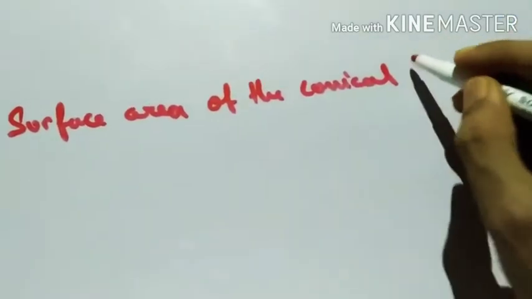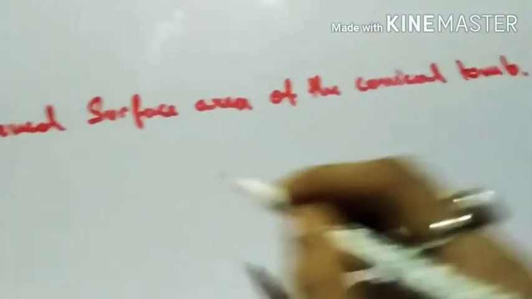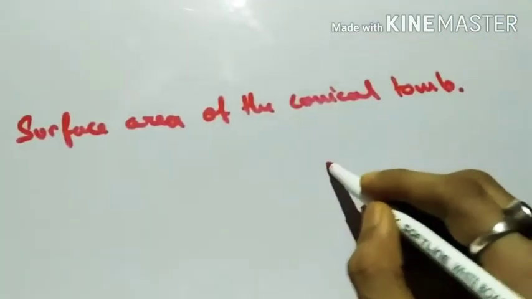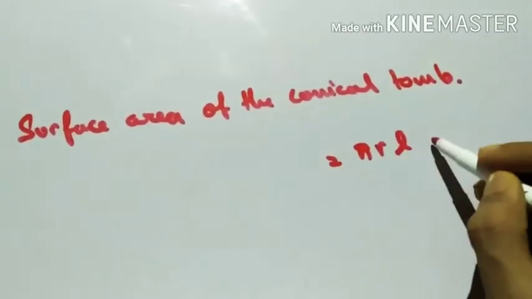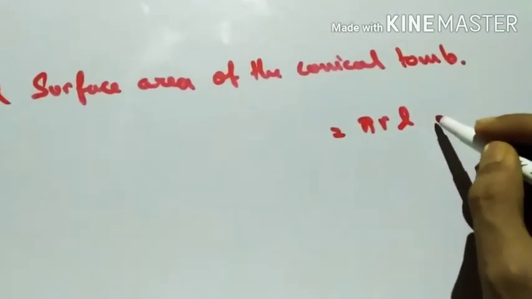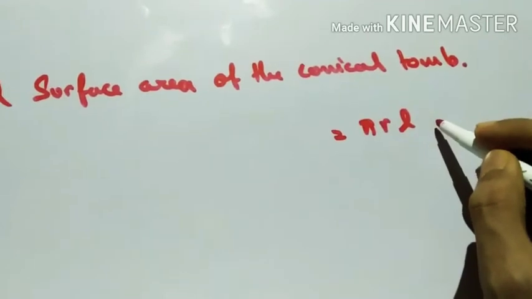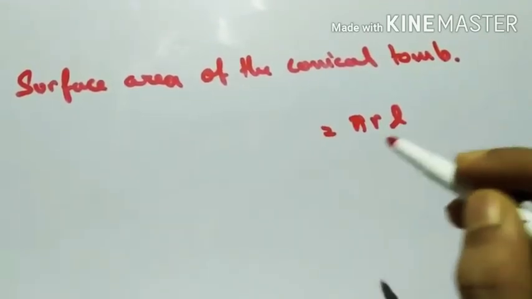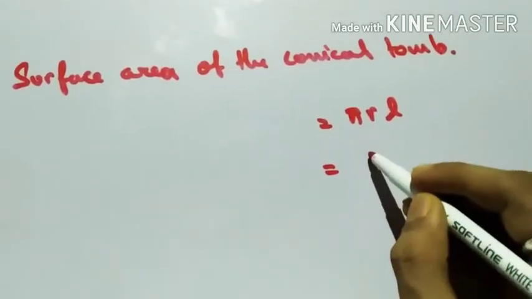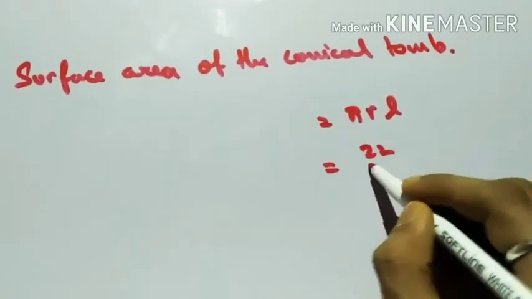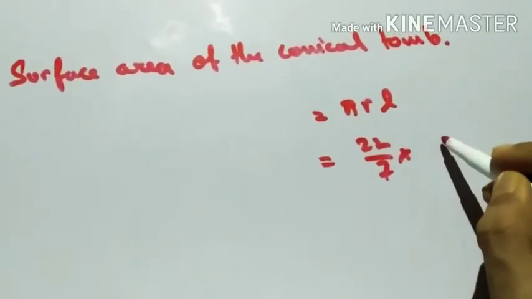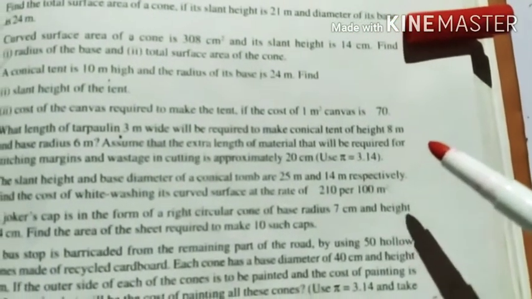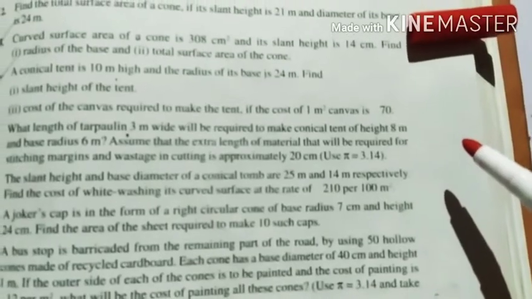Okay, curved surface area of the conical tomb, it will be equal to pi RL. So is equal to pi value, it will be 22 by 7 into radius. Now you see the base diameter is given as 14 meter, so the base radius will be what, 14 by 2 is equal to 7 meter.